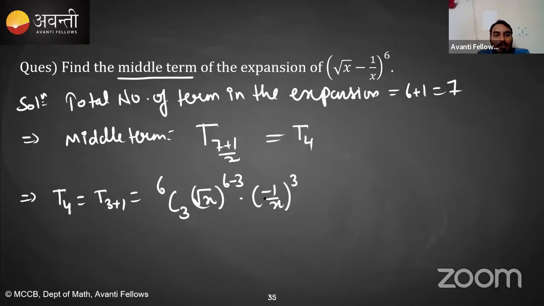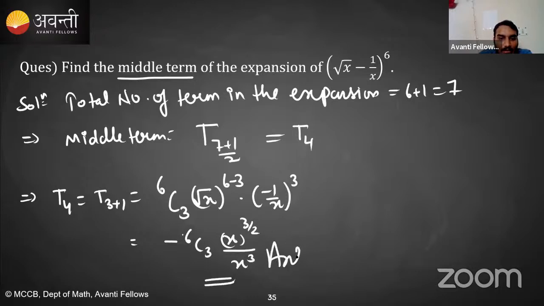So this is the middle term. It is nothing but minus 6C3 x raised to the power 3 by 2 divided by x cube. That is our middle term. Is that clear now?